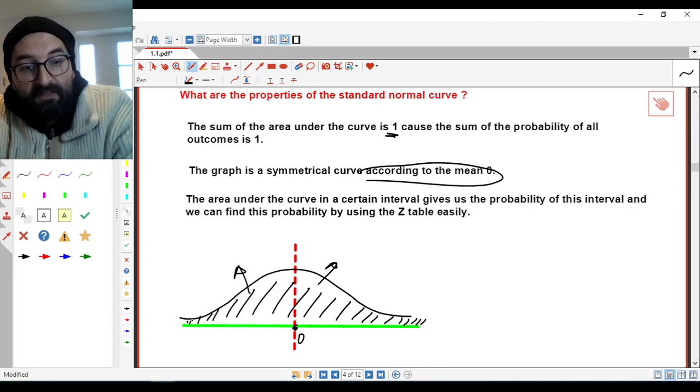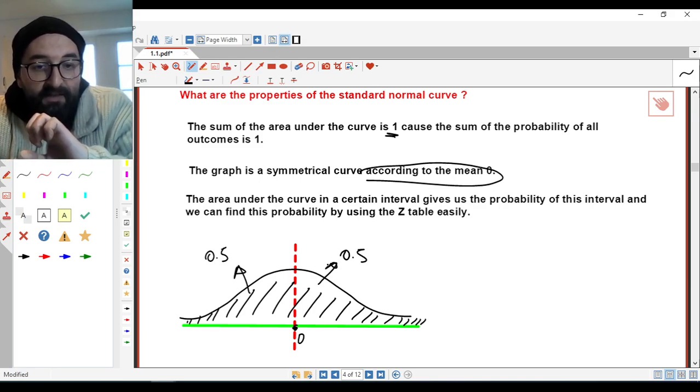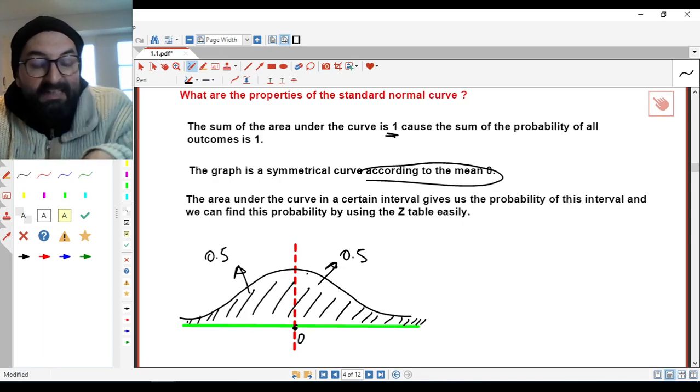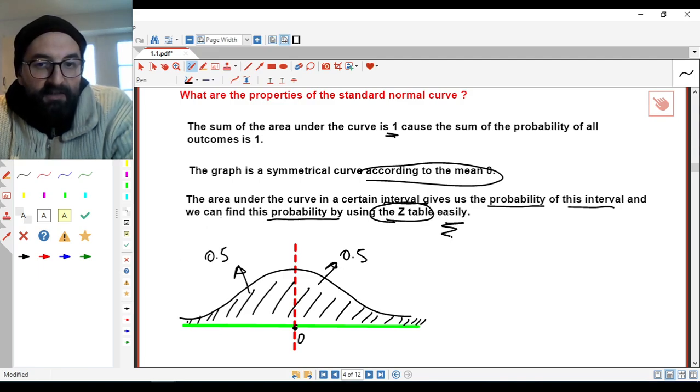So if the area under the curve is 1, we can say this area is 0.5 and this area is 0.5. Please don't forget the area under the curve gives us probability, okay? And the area under the curve in a certain interval gives us the probability of this interval, and we can find this probability by using the z-table easily.